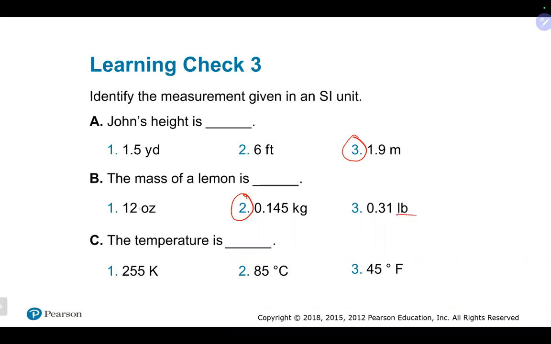Again, these are mass measurements, but they're more on the English system of units. And for temperature here, the SI unit should be the Kelvin. Degrees Celsius and degrees Fahrenheit are obviously temperature values, but the SI standard unit should be Kelvin. Any questions on any of those?